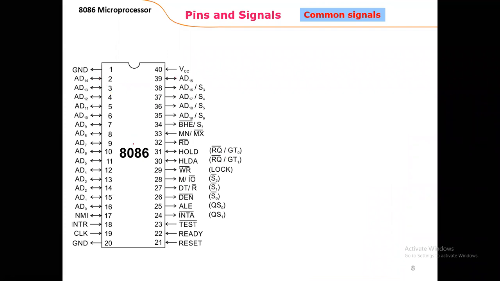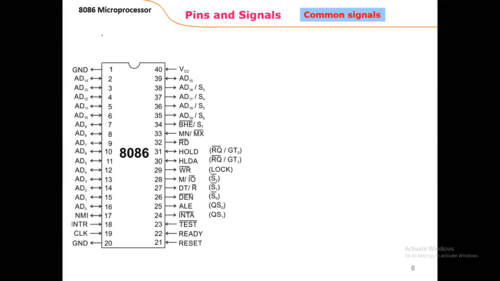Memorizing all things is very difficult, but there is an easier process. You know that we already discussed the total data lines, the data bus of the 8086: 16 bit.